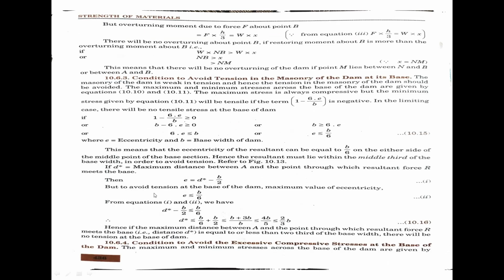But to avoid tension at the base of the dam, the maximum value of eccentricity E is less than or equal to B by 6. From both equations, equating, d minus B by 2 is less than or equal to B by 6.